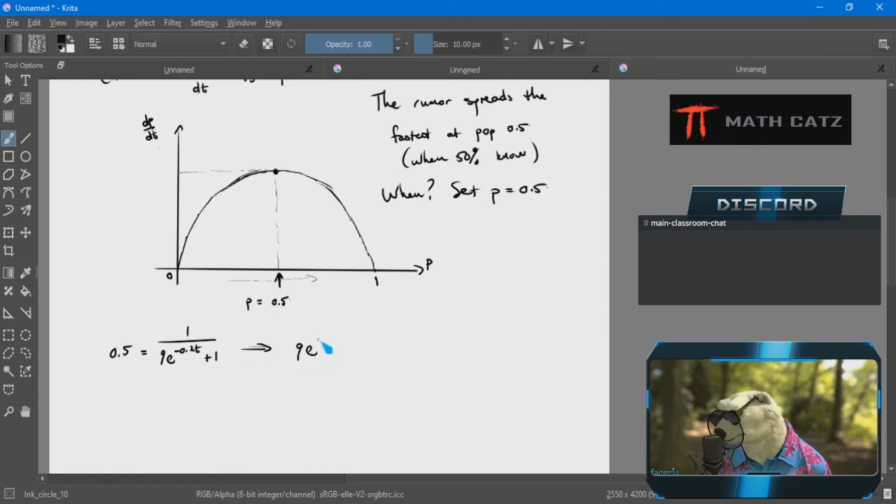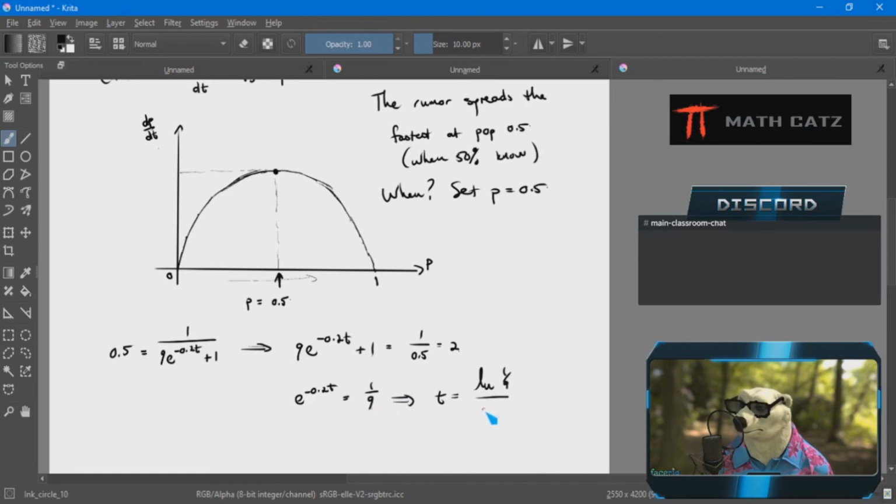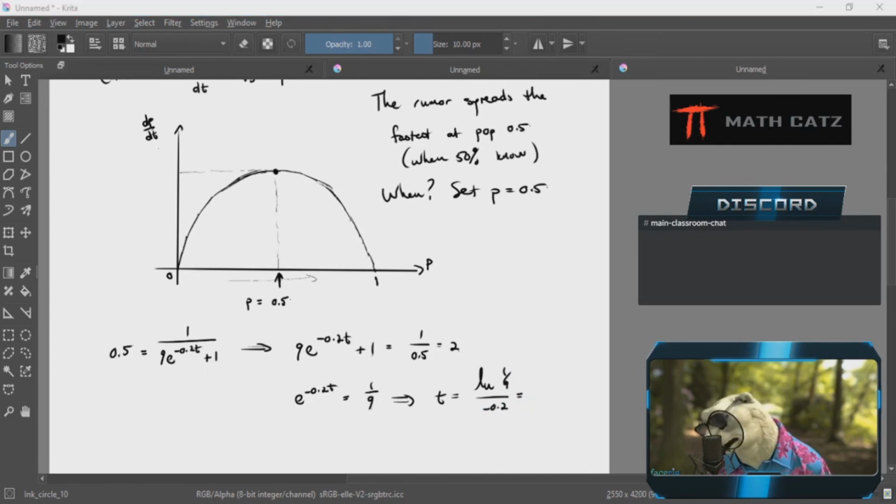So 9e to the 0.2 t plus 1 equals 1 over 1.5, so that's going to be a 2. So e to the negative 0.2 t is going to equal 1 over 9. So t is going to equal natural log 1 over 9 over negative 0.2. Let's see what that comes out to be.